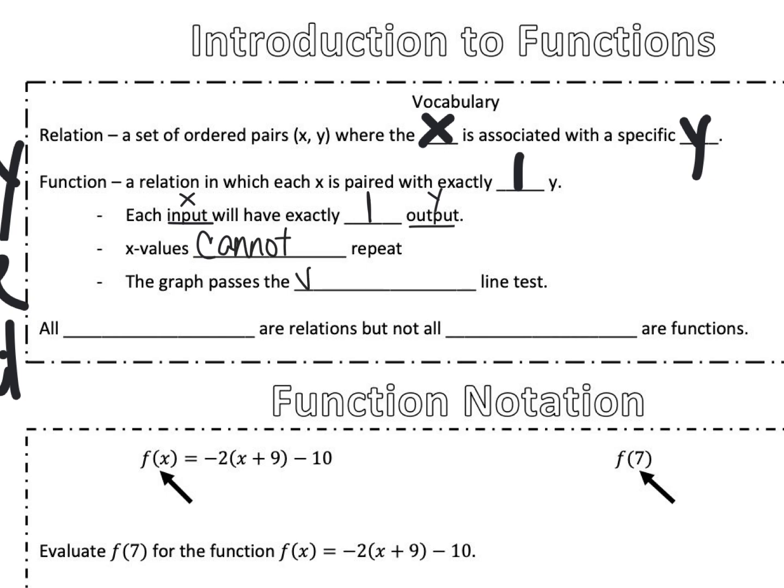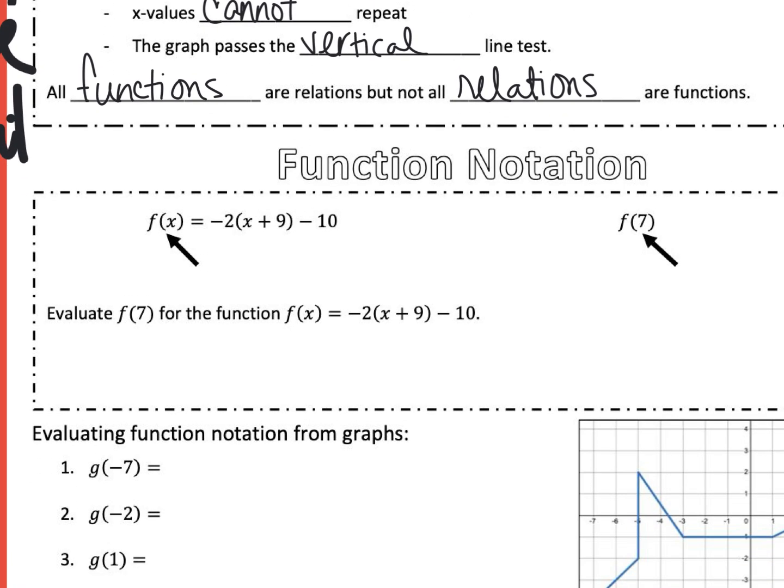The graph passes the vertical line test, so that's where we talked about the line can only touch one coordinate on the line. And all functions are relations, but not all relations are functions. If you need to refer back to your notes from Friday that you copied, you can do that as well.